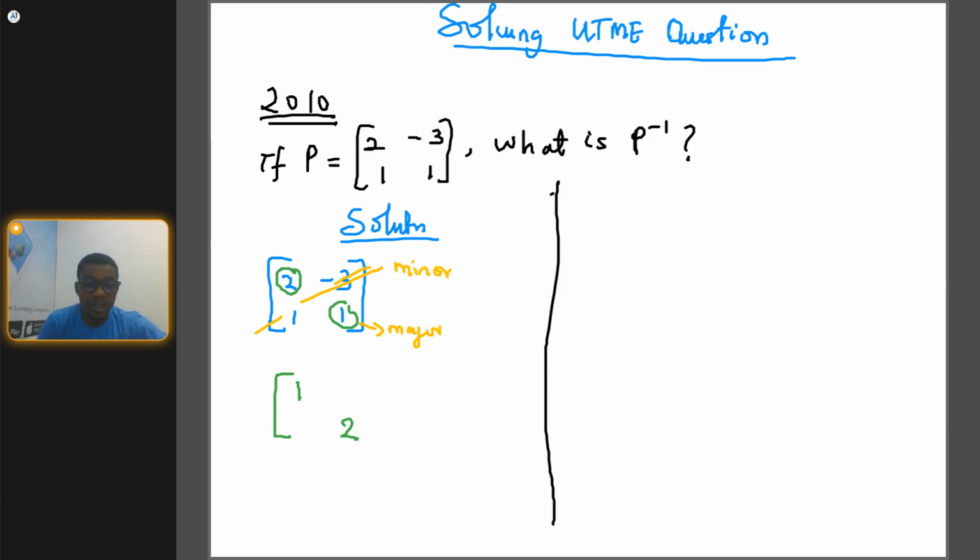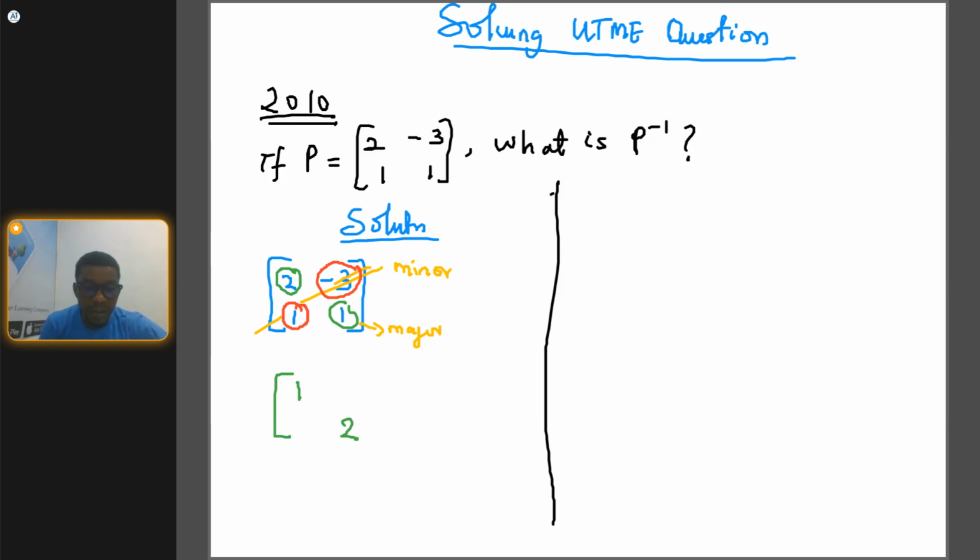So the next thing I need to do is to change the sign of the minor diagonal elements. That means if the sign was positive before, you are going to have negative; if the sign was negative, you are going to have positive.